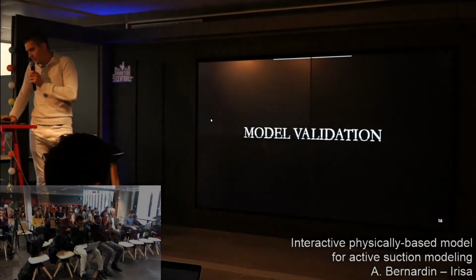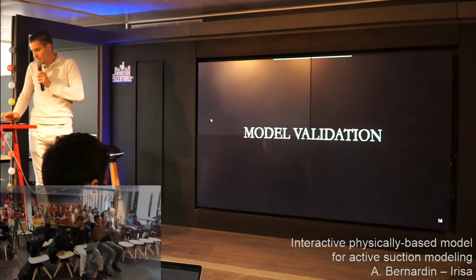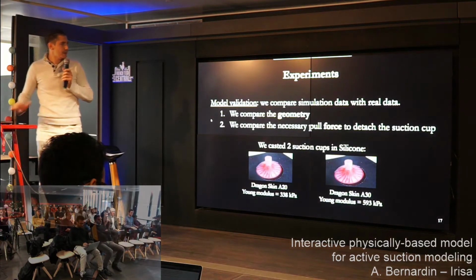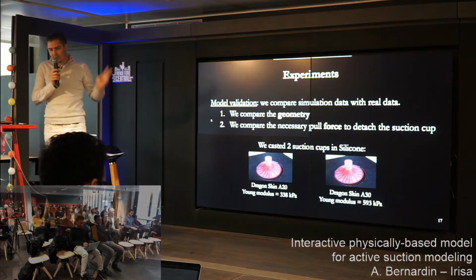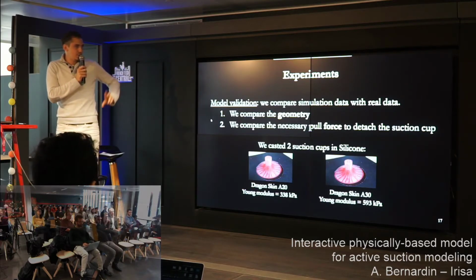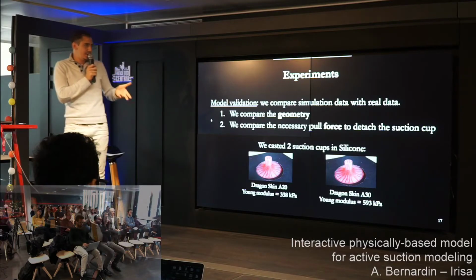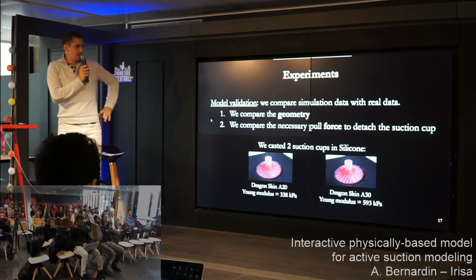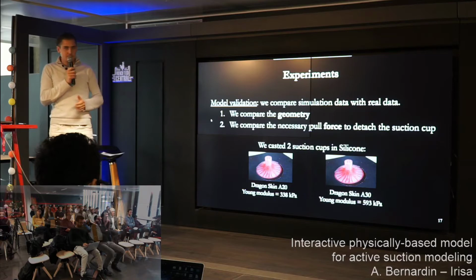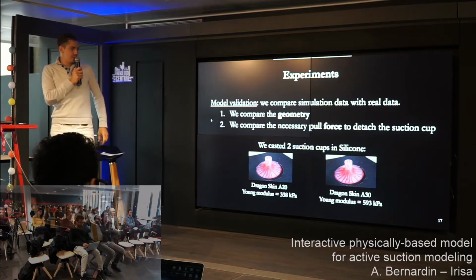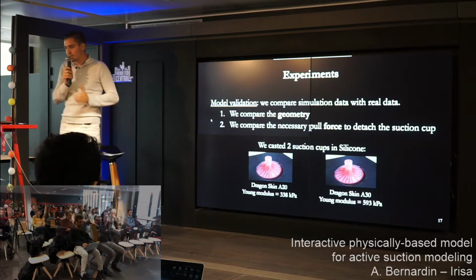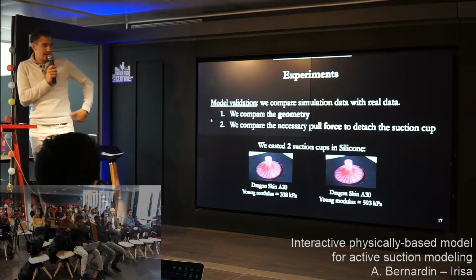So now let's talk about the model validation. We compared simulation data with real data through two experiments. The first one was to validate the geometry, and the second one was to compare the necessary pull force to detect when the suction cup detached.